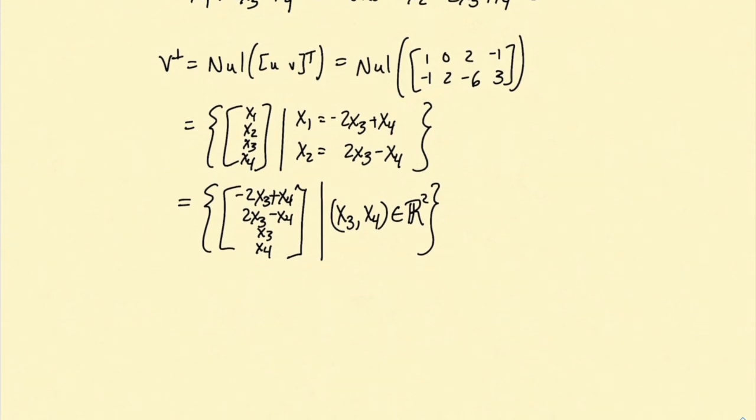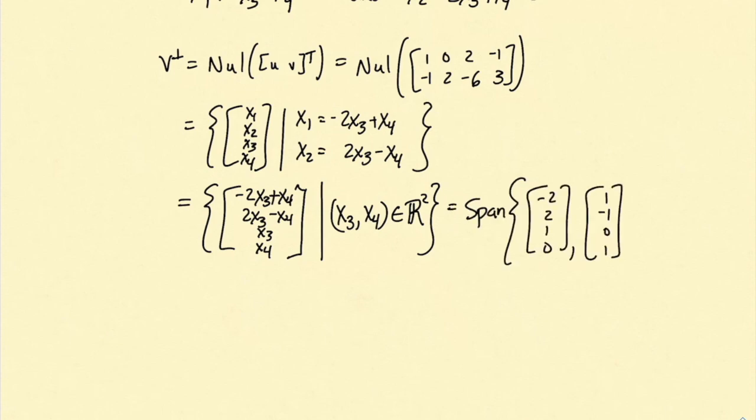And of course, we can split these as two vectors, x3 times (-2, 2, 1, 0) plus x4 times (1, -1, 0, 1). So this is the span of those two vectors, (-2, 2, 1, 0) and (1, -1, 0, 1). So this tells us how to find the orthogonal complement of a given subspace of R^m, and also how to find a basis for such a space.